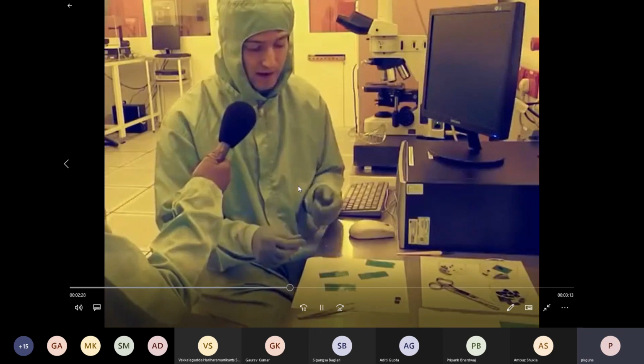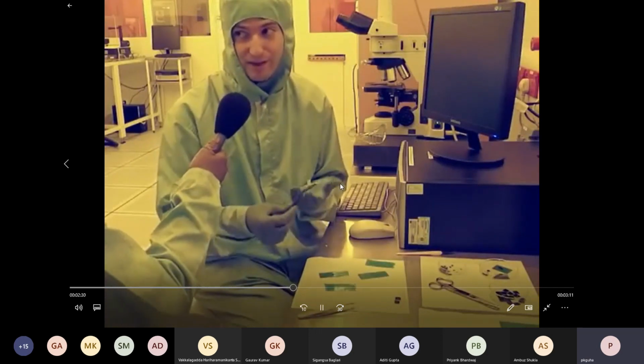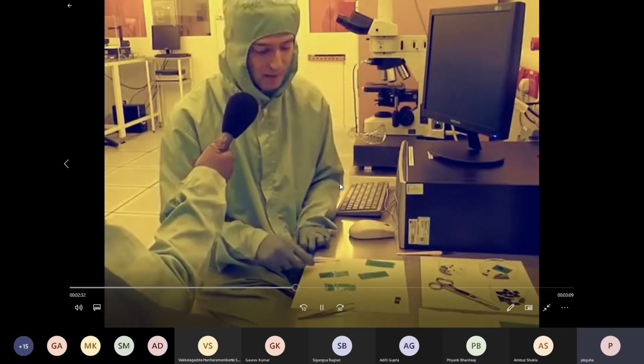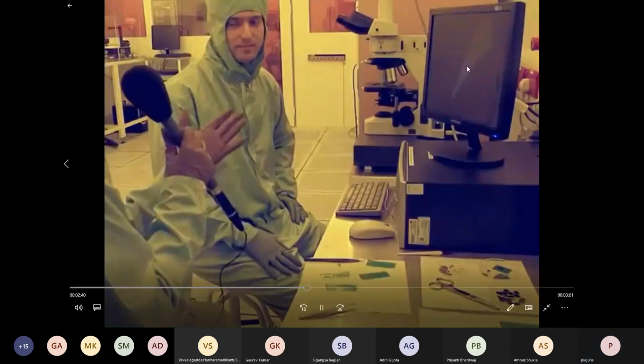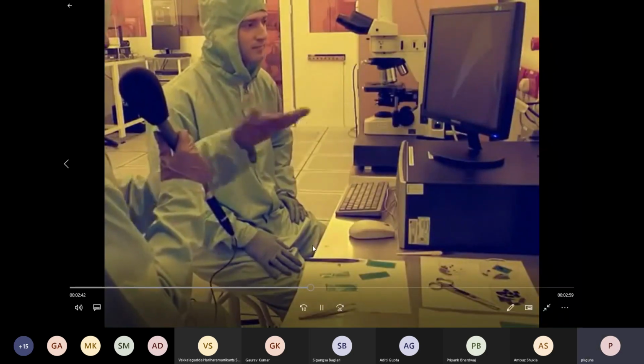You can see it because there is this SiO2 layer, which helps you see, particularly because of its reflection property. Anyway, I'm just stopping it here.